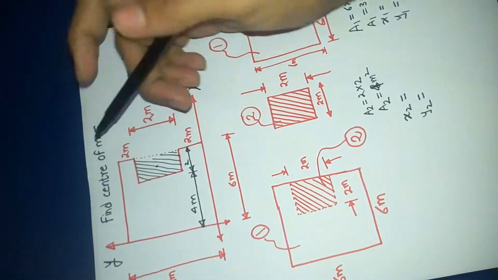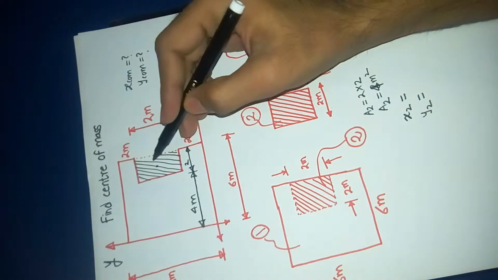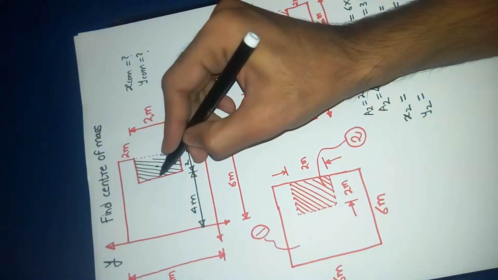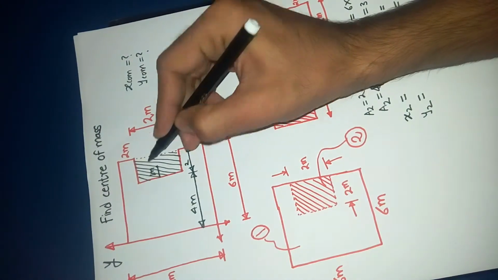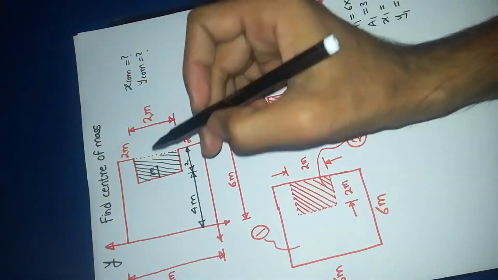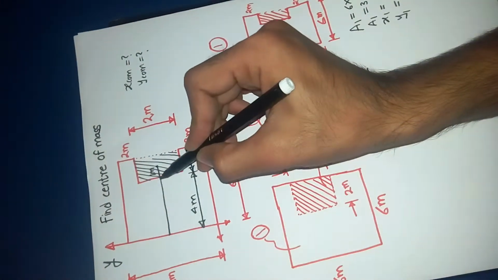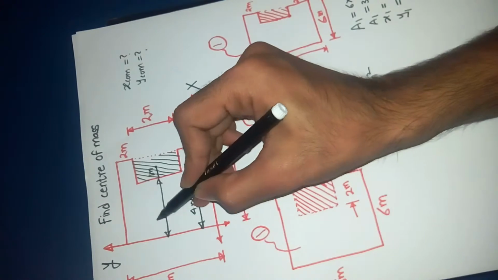This distance is only 1 meter, because it is 2 meter, then half of it is 1 meter, and already it is 4 meter.